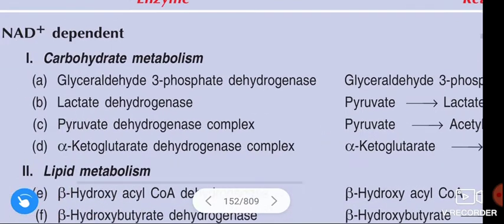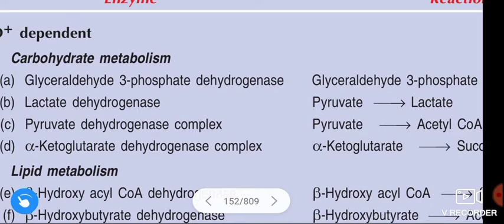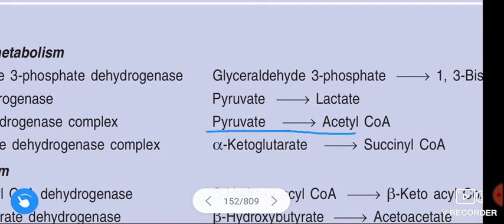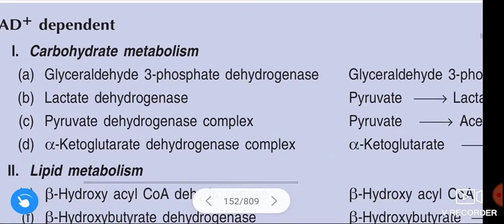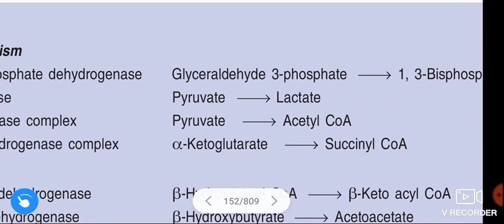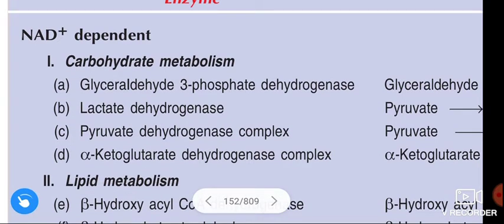Next is pyruvate dehydrogenase complex, which acts in conversion of pyruvate to acetyl-CoA. Next, alpha-ketoglutarate dehydrogenase complex helps in conversion of alpha-ketoglutarate to succinyl coenzyme A.